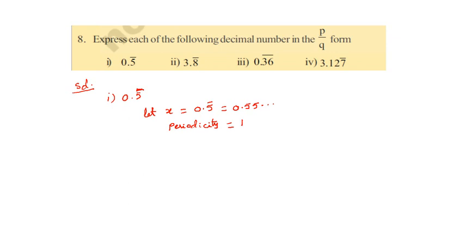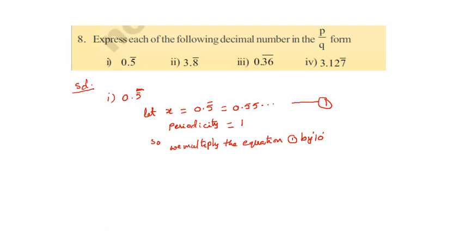So we multiply the equation 1 by 10. What is equation 1? x is equal to 0.55 etc. is called equation 1.